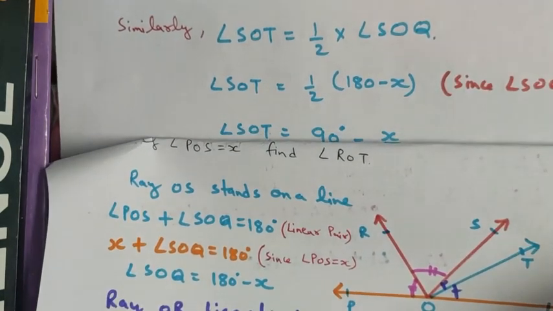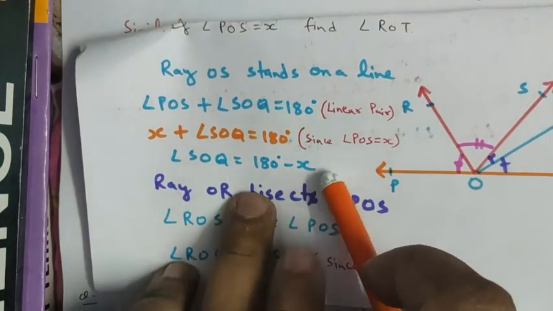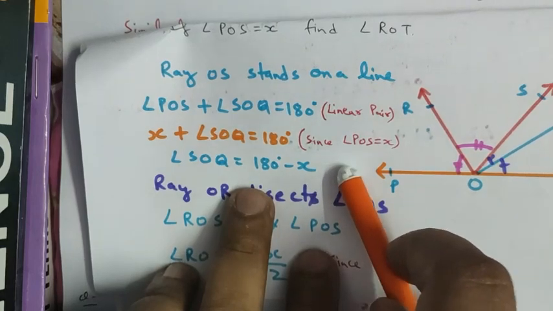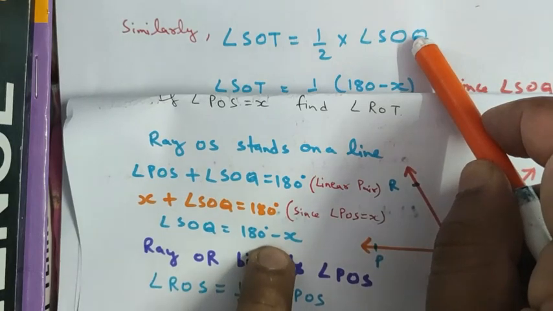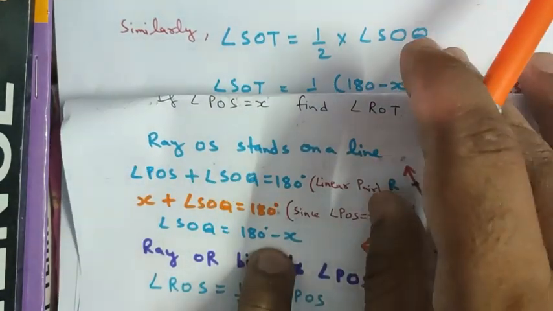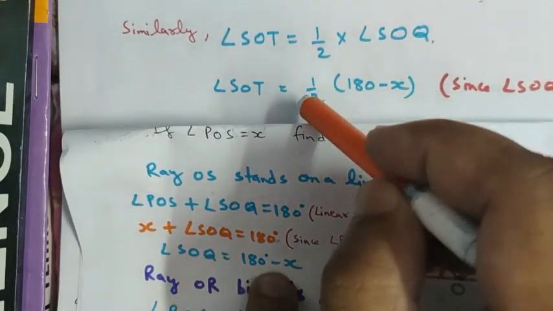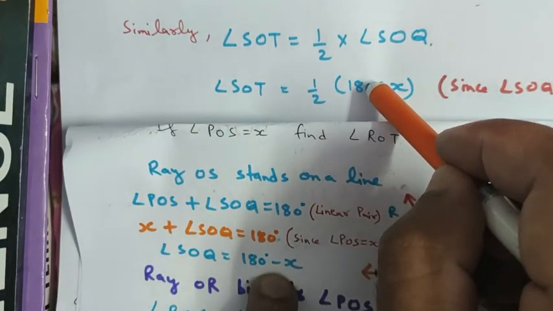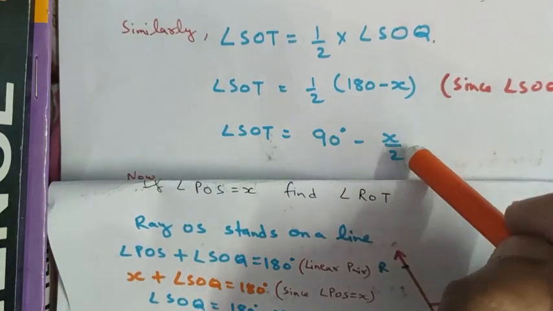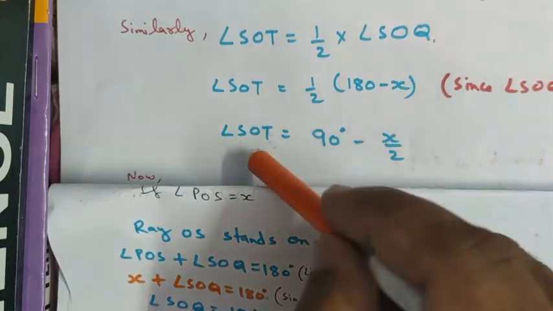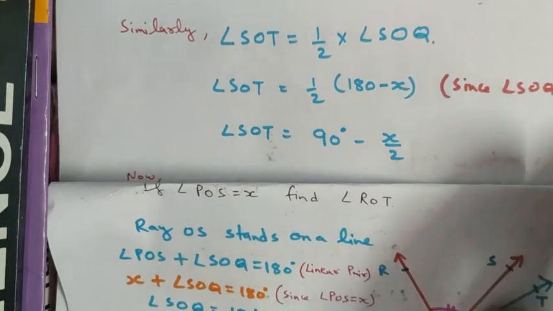Since we have already taken that angle SOQ is equal to 180 minus x, we will substitute the value of SOQ as 180 minus x. So angle SOT will become half of 180 minus x. Half of 180 will be 90 degrees, minus 1 by 2 into x, that is x by 2. So we get angle SOT equals 90 minus x by 2.